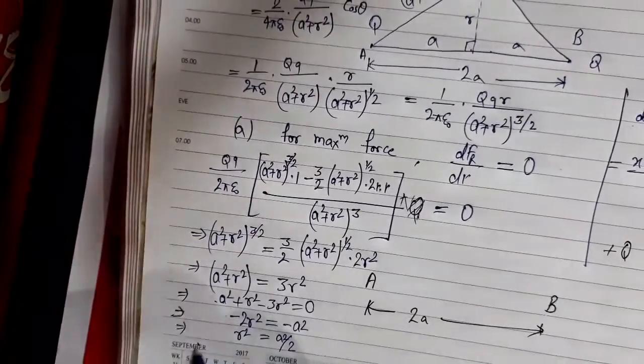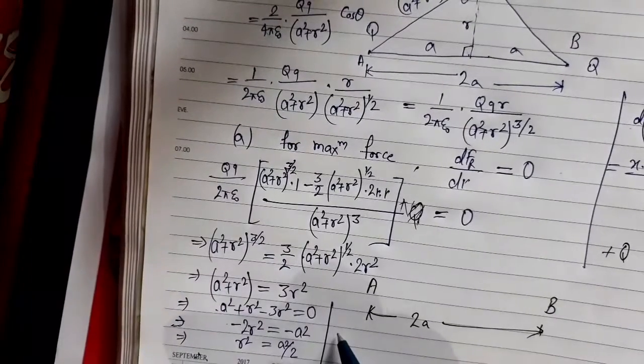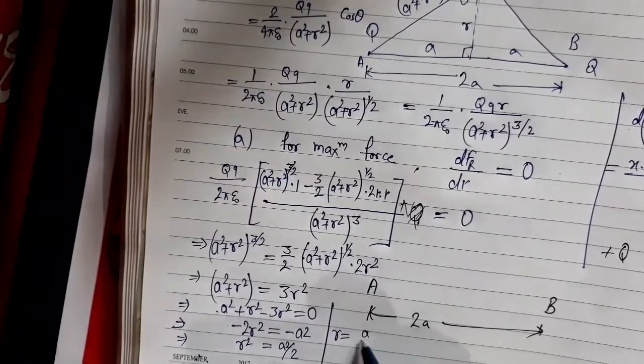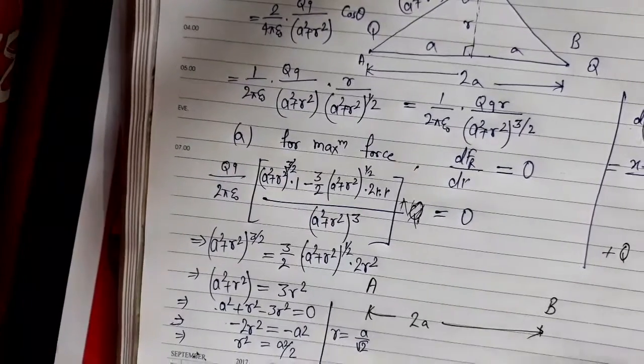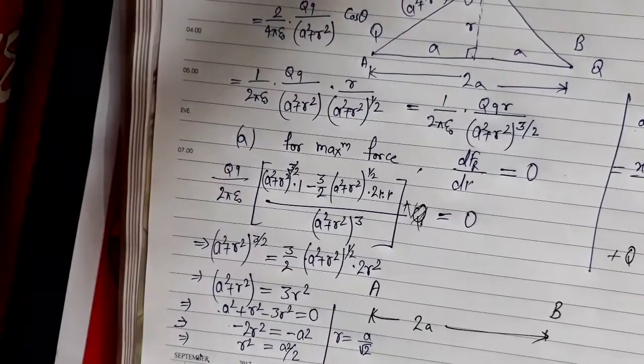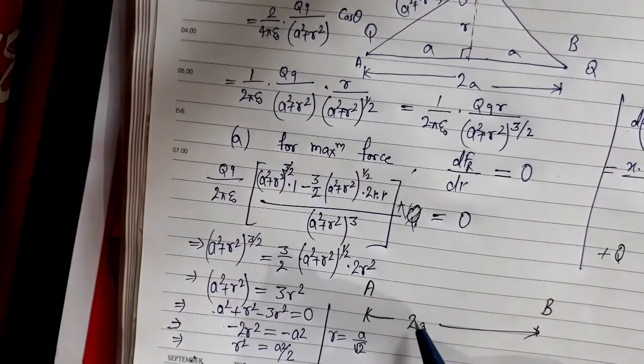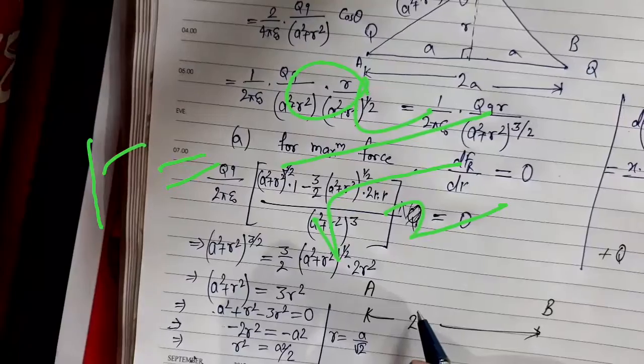Finally we have the result r equals a by root 2, and the force is radial and away from the center of the circle.